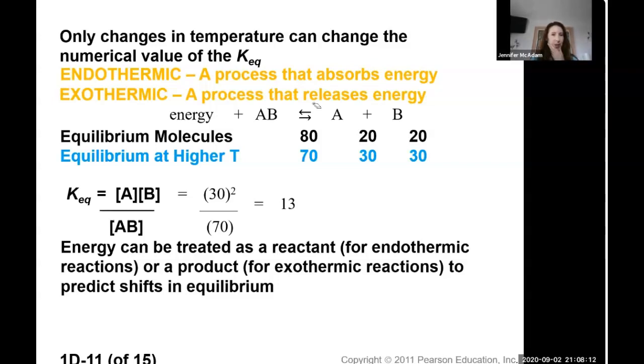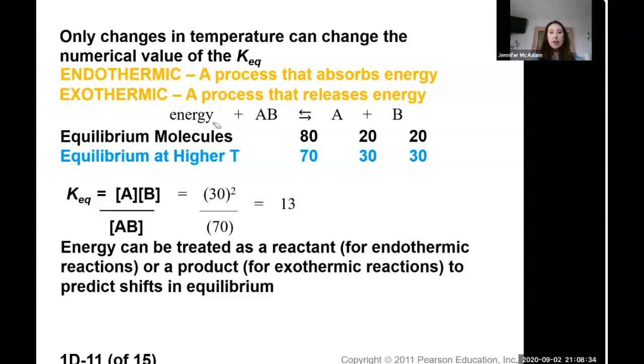I think so. Yeah, so instead of energy, let's use heat, because heat is energy, and we'll talk more about that next month. So if you add heat or add energy to an endothermic reaction, you treat it like a reactant. So see how we've written this as a reactant?